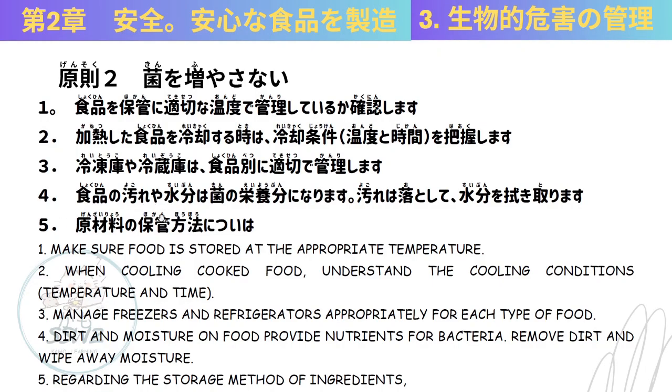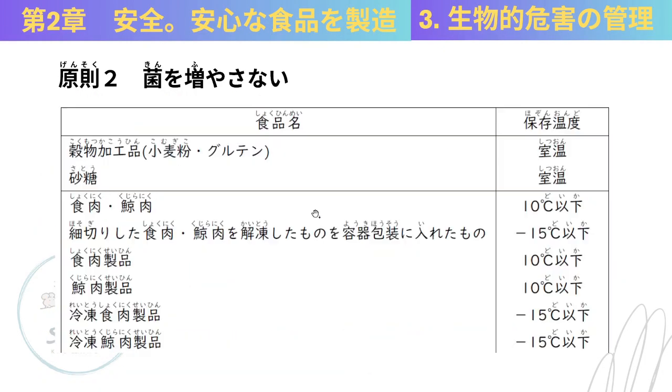So about the raw material storage, we need to remember this table. The first thing we need to know about this table is Koku Motsu Kako Hin. It is about things like rice or some mugi, komugi or gluten.